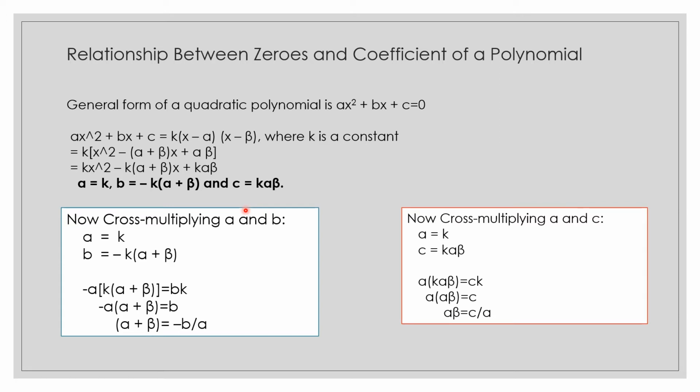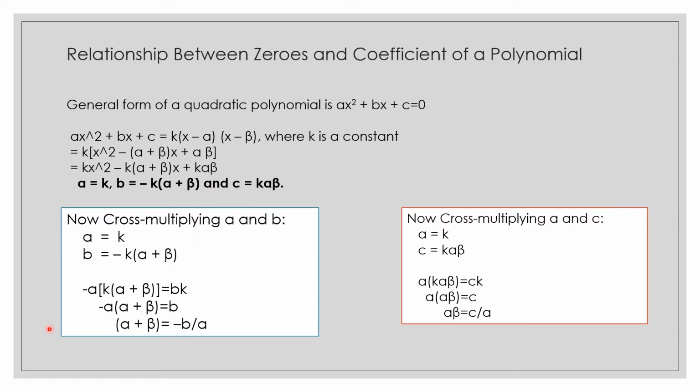So our main aim is to establish a relationship between zeros and the coefficient of a polynomial. So now to establish a relationship, we need to cross multiply a and b. So on cross multiplying them, that is a equals k and b equals minus k into alpha plus beta, we get this equation, that is minus a into k into alpha plus beta equals b into k. And we can see that k is common on both sides, that is RHS and LHS.